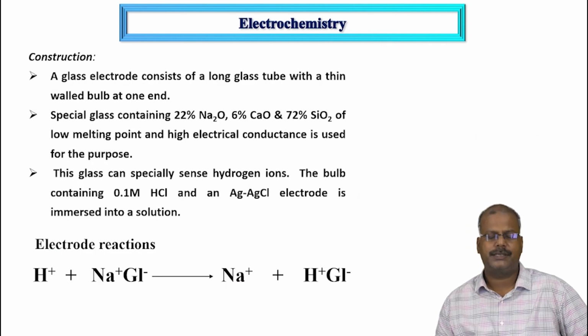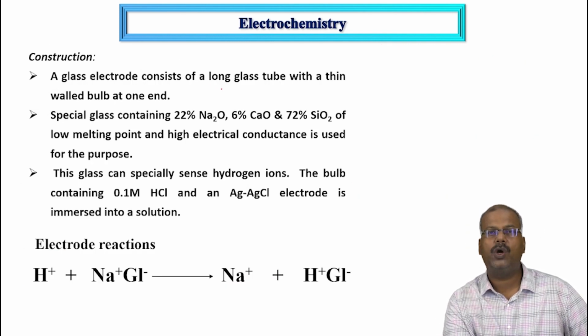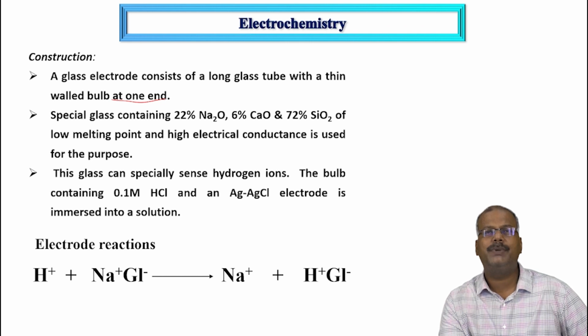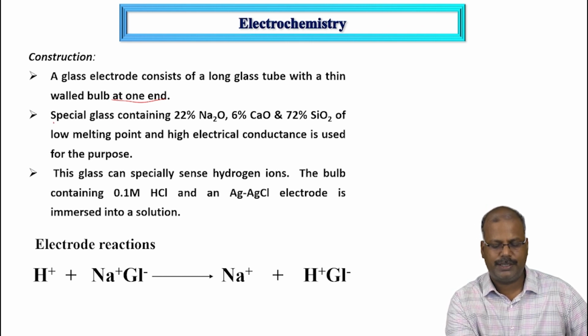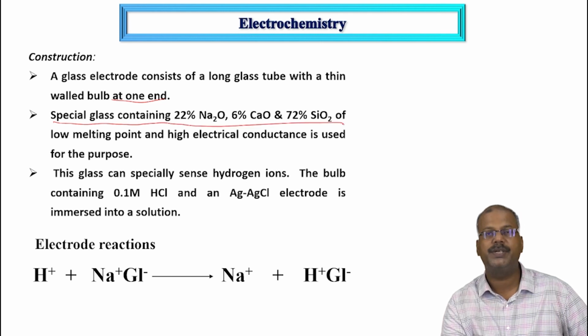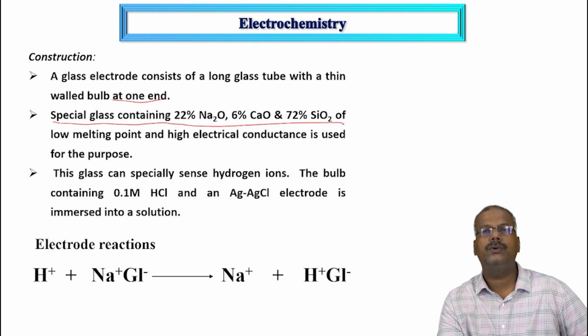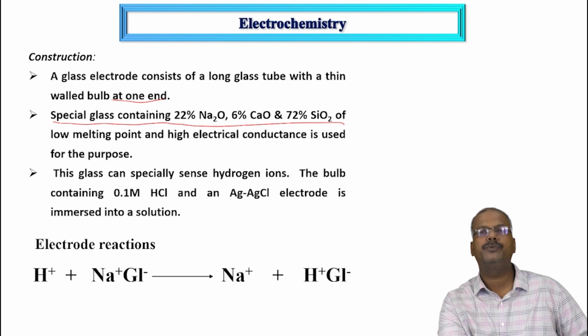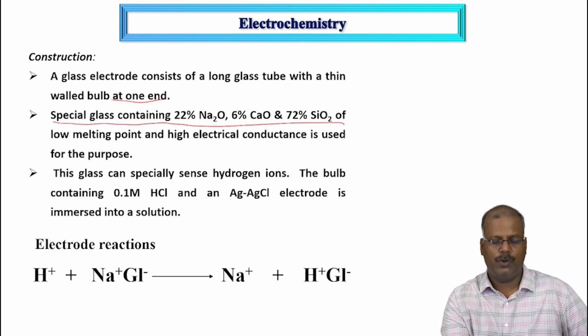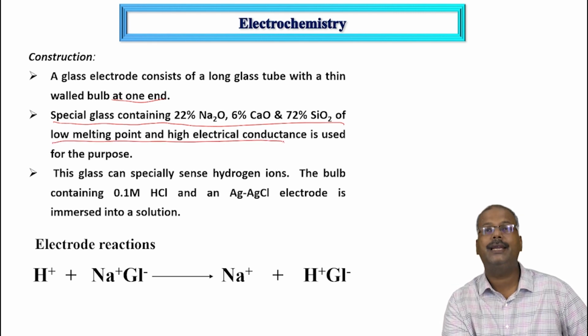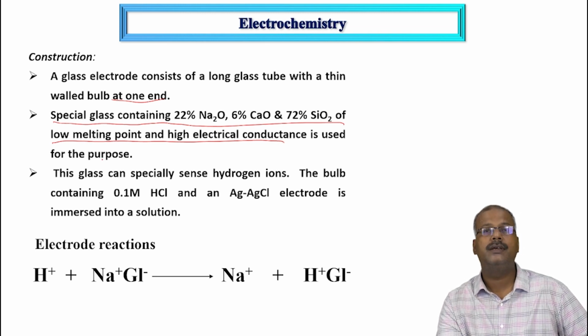Construction. The glass electrode consists of a long glass tube with a thin walled bulb at one end. The glass bulb contains special glass containing 22% Na2O, 6% CaO and 72% silica, of low melting point and high electrical conductance, which is used specifically for this purpose.